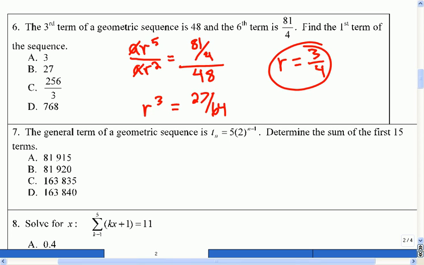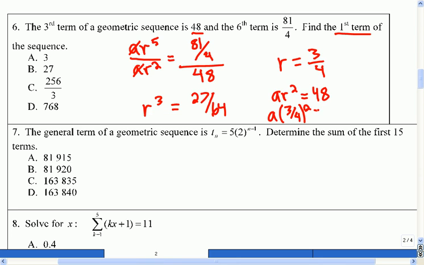Oh, first term. Right, thank you. Sorry, I'm trying to rush a bit because we're a little strapped on time. So now that I've got a common ratio, I need to take it and figure out the first term. So why don't I use the fact that the third term is 48. So ar squared equals 48. That means A times 3/4 squared is 48.